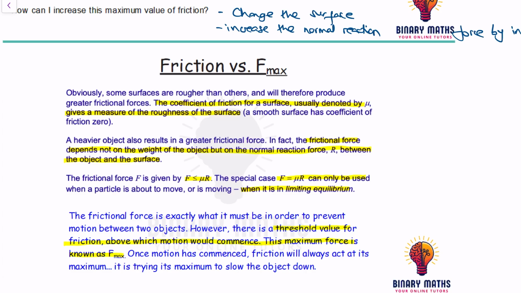So what we do know is we have F is less than or equal to mu times R, where mu is equal to the coefficient of friction, which is decided by the surface involved. F is equal to friction.